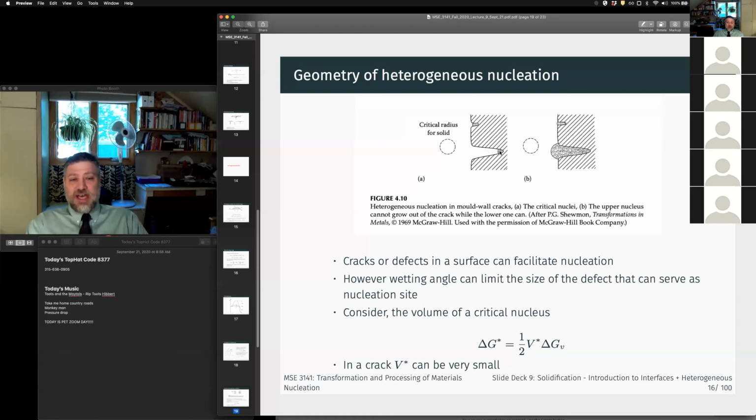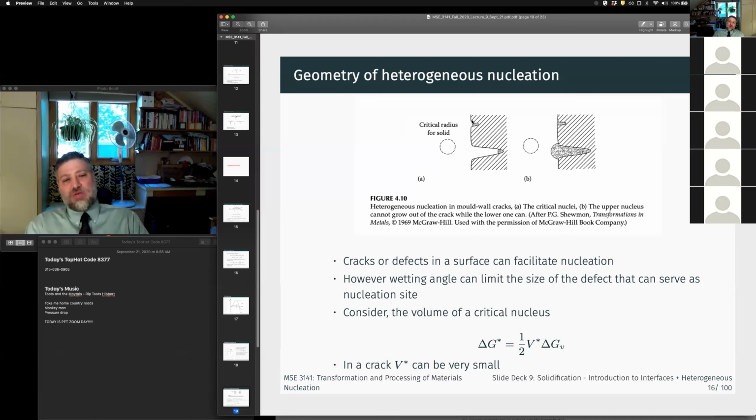Because we're going to have even less of the high solid liquid interfacial energy and more of the favorable solid mold or solid substrate area. Of course, this is where things get interesting, because we need to make sure that at the top of this crack, we have enough room to grow out, right?